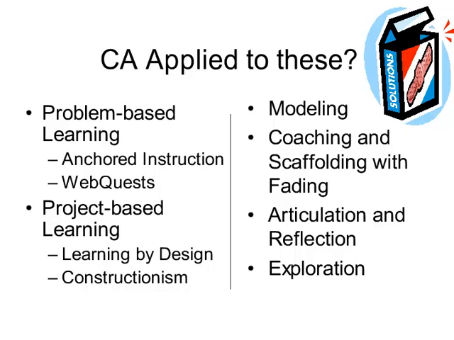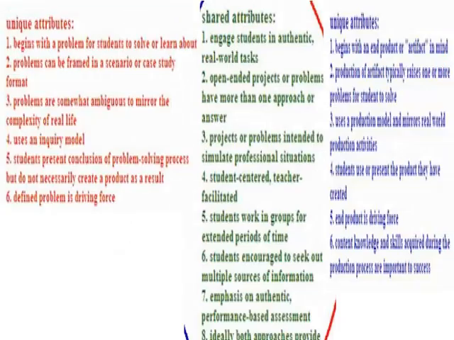All right, let's talk about the problem-based learning models. And really, a lot of people struggle with the difference between project-based learning and problem-based learning. And if you read the text, there's actually a link to a Venn diagram, and I've tried to reproduce that to some degree here in this slide.